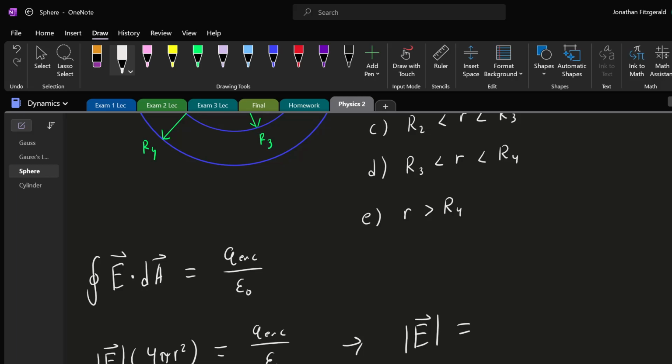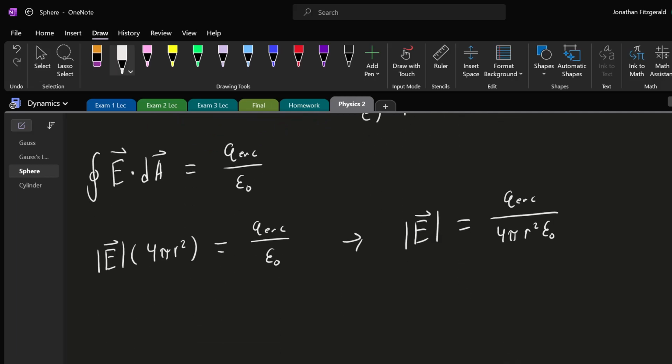So now the electric field equals Q enclosed over 4 pi r squared epsilon naught. Nice. We're going to use this formula for the entire problem.